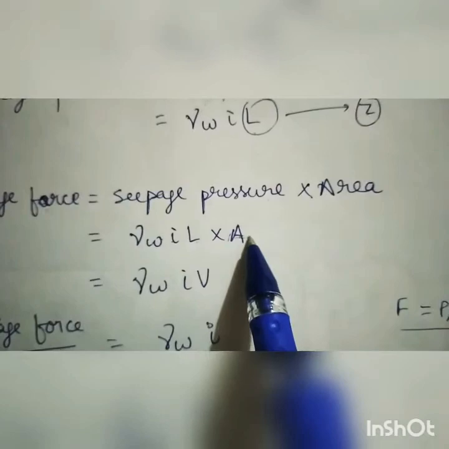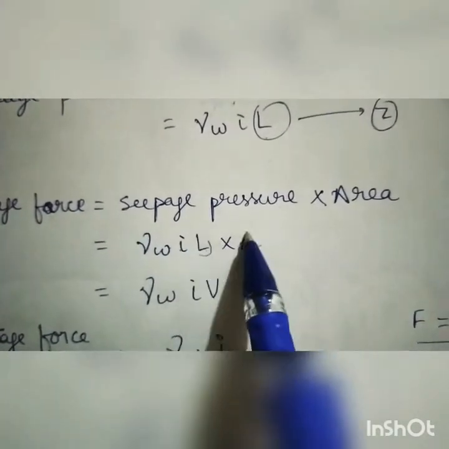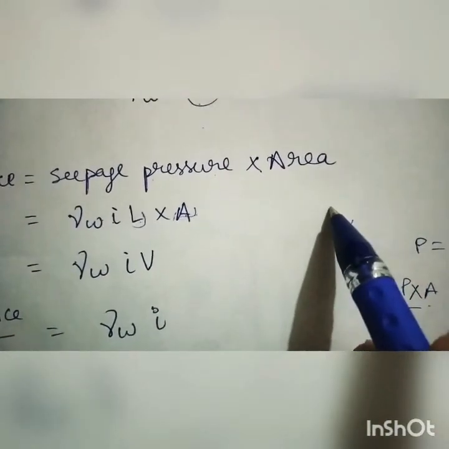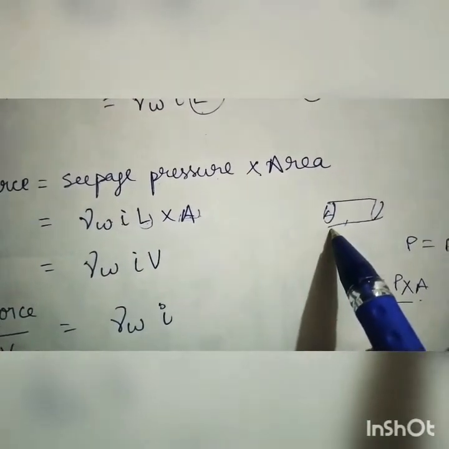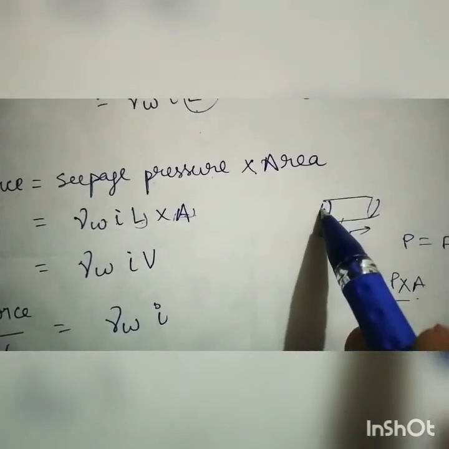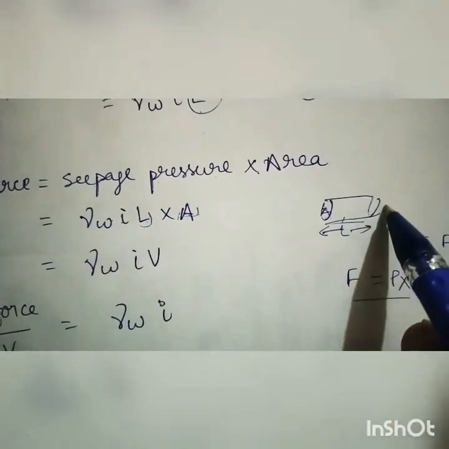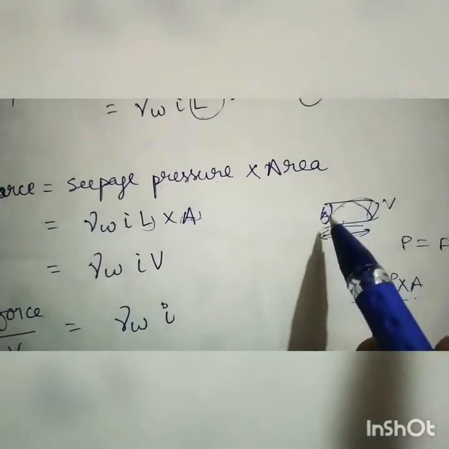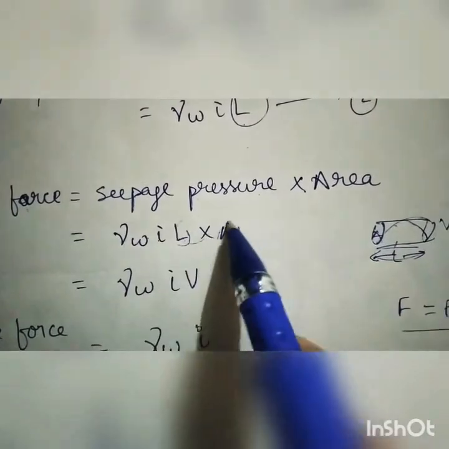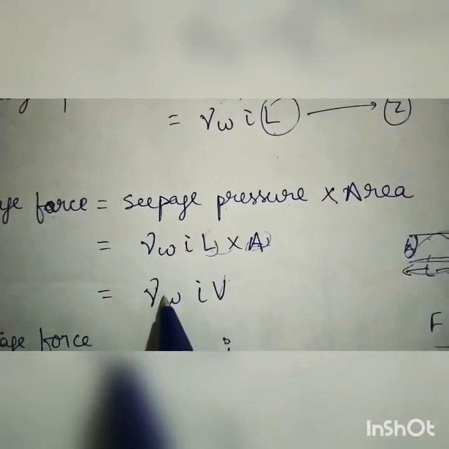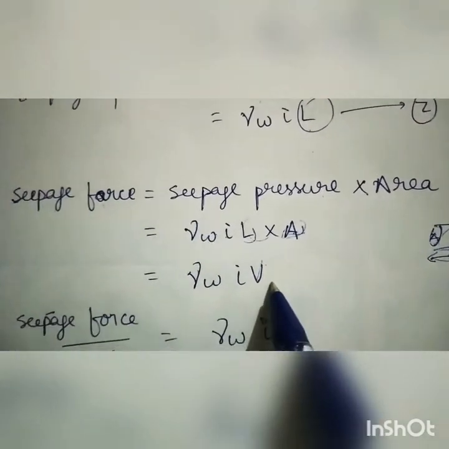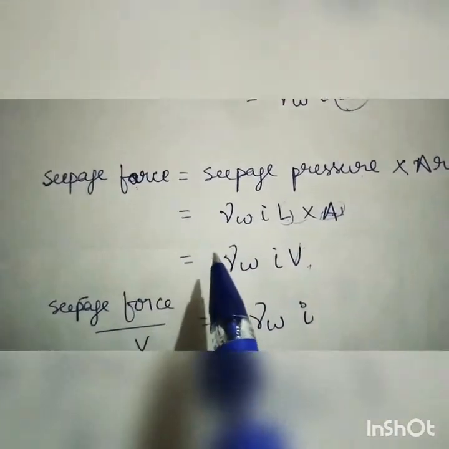A is the area. So length into area, you know, for anything, suppose this is a tube, this is the area A, and this is the length L. So area into L becomes the volume of this whole tube. So we can replace this both as V. So this becomes gamma W into i into V. This is the force.